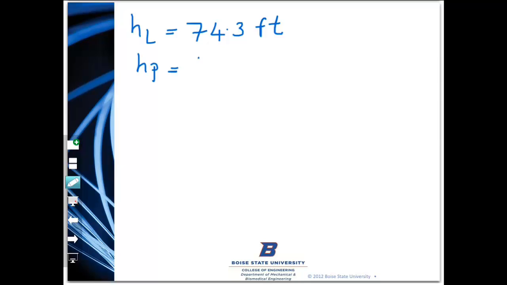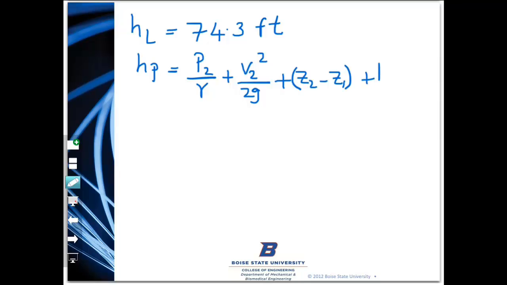So HP is P2 over gamma plus V2 squared over 2g plus Z2 minus Z1 plus HL. So if you do the math, you'll get this to be 827 feet.